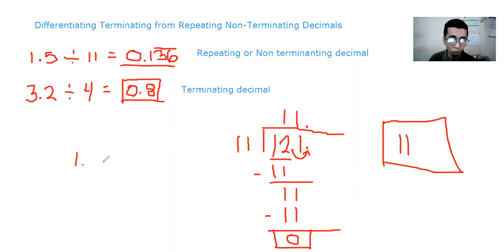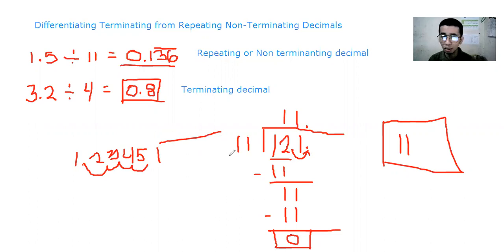Kunyari, 1.2345. Kung 4 na beses ka nag-move, then 4 na beses ka din mag-move sa dividend natin. Ganun lang. So, basta kailangan maging whole number na yung ating divisor.